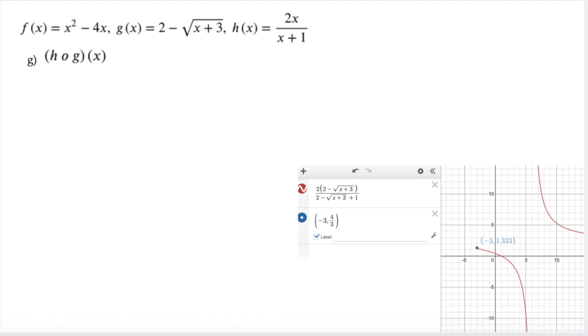Let's do h of g of x, because we haven't focused on h, the second part of it, if you will. So h of g of x, we're going to substitute into our h function the g function.